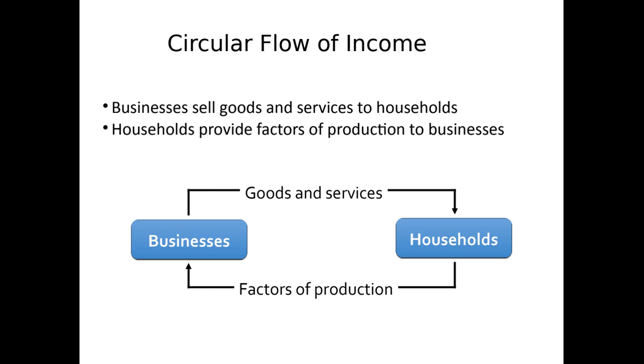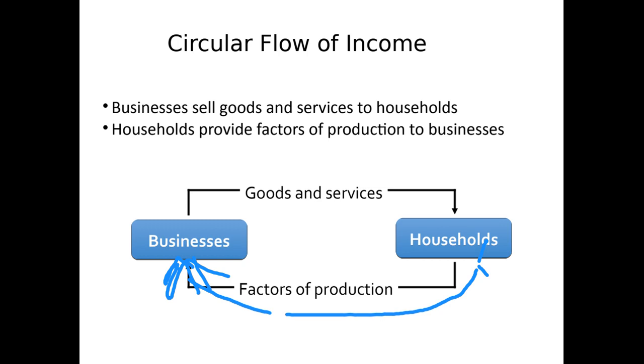So households are giving factors of production in this direction. So it's moving from household sector and going towards businesses, but not for free. Of course, they are charging for their services. And why are businesses buying these factors of production? In order to produce goods and services.